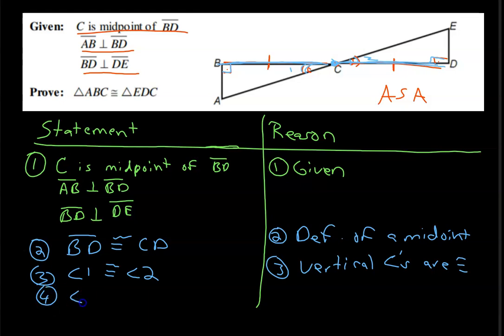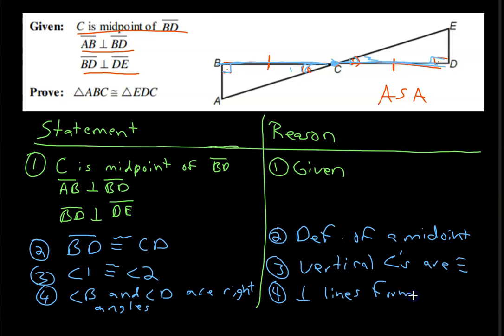So I'm going to say angle B and angle D are right angles. And the reason for that is perpendicular lines form right angles.